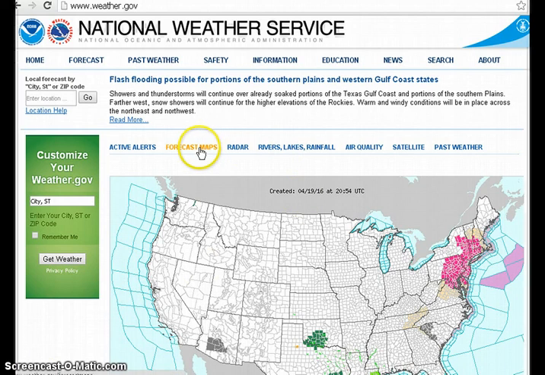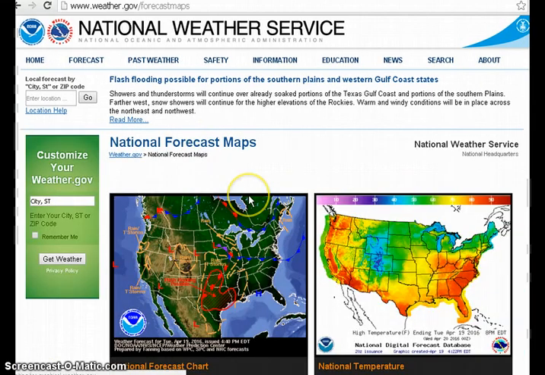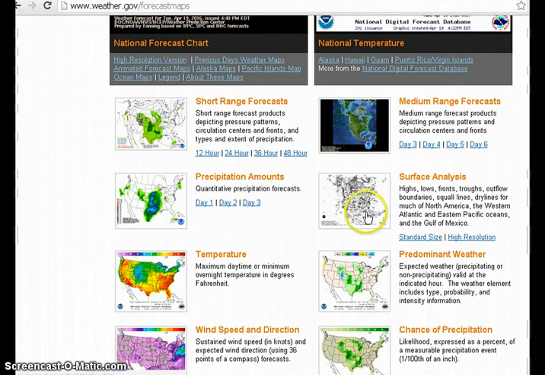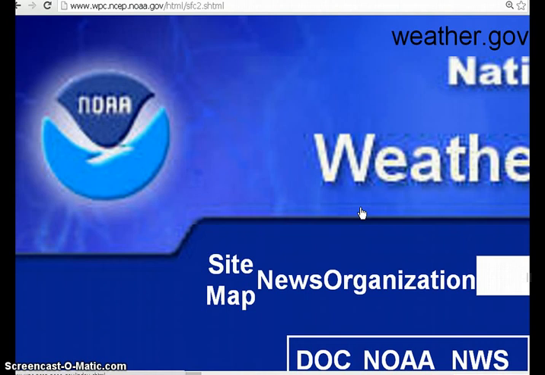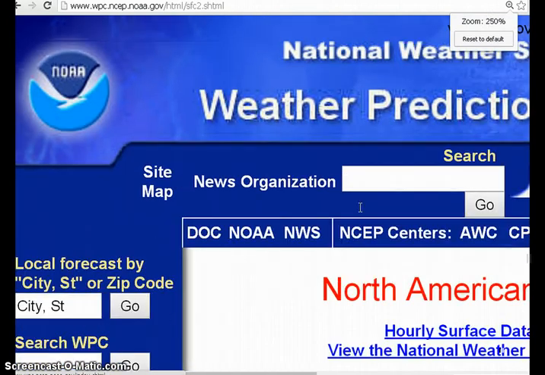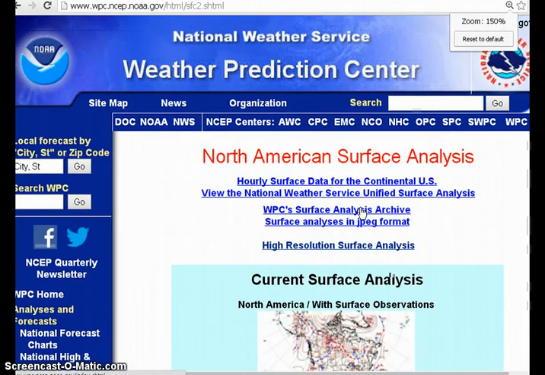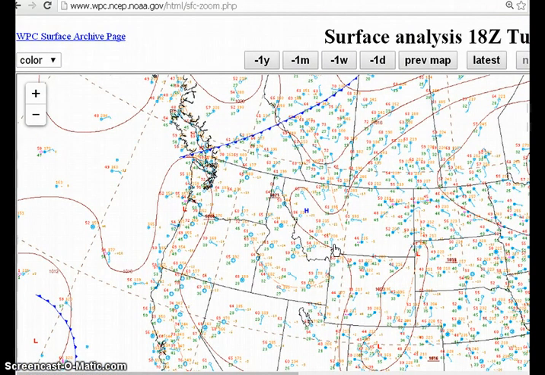And I'm going to go right here where it says Forecast Maps. I'm going to scroll down, and I'm going to look at a surface analysis. And I'm going to zoom that out. And I'm going to go to High Resolution Surface Analysis. So it'll give me the current surface analysis.